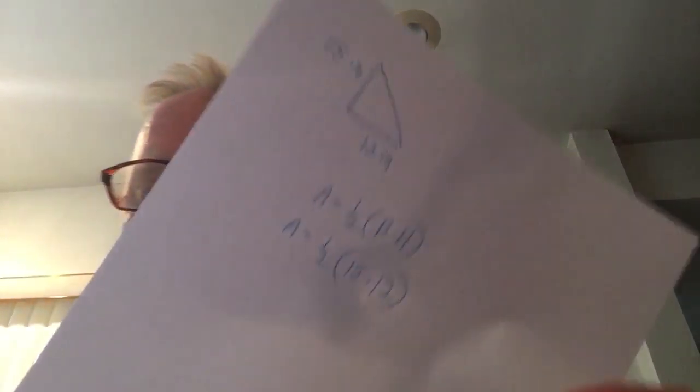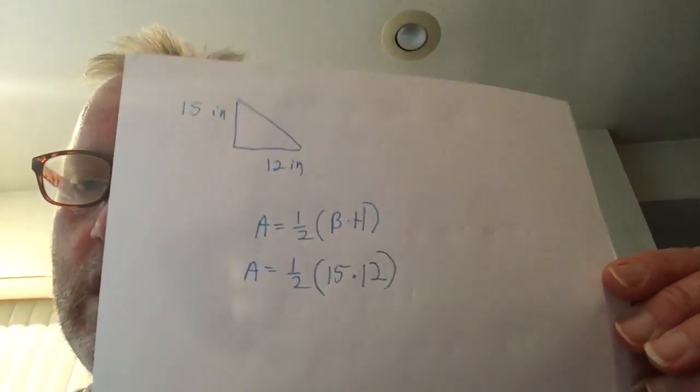Let's continue on. So I'm going to plug in my numbers. Area equals 1/2 times 15 inches times 12. Let's put 15 times 12 to make things a little bit easier, not crowd up my parentheses. Now let's do the math and figure it out. My area equals 1/2 of 180 inches.